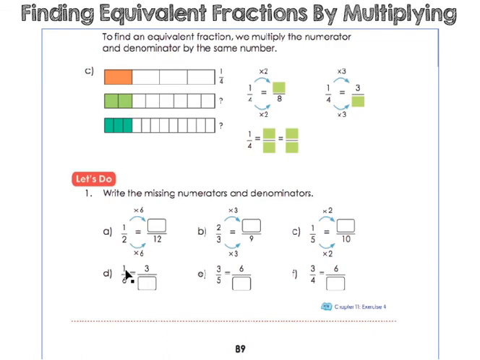Here I multiply what? 1 times what gives me 3? So if you get confused, just go number by number and multiply. 1 times 1, 3? No, right? I'm sorry. 1 times 2, 2. No. 1 times 3, 3. We found it.